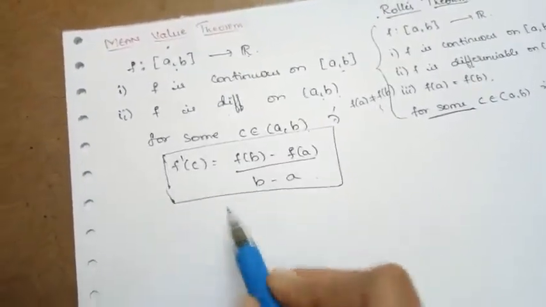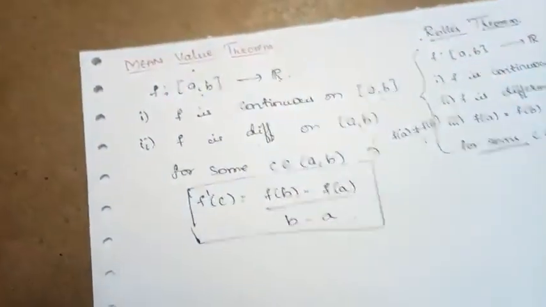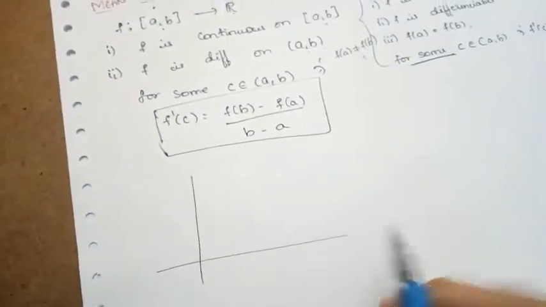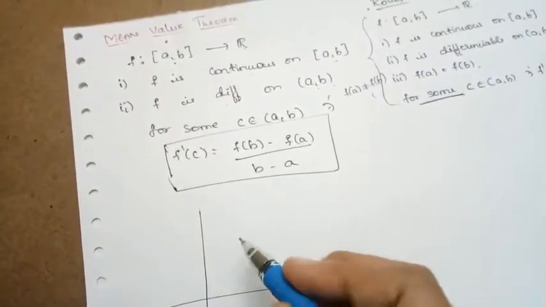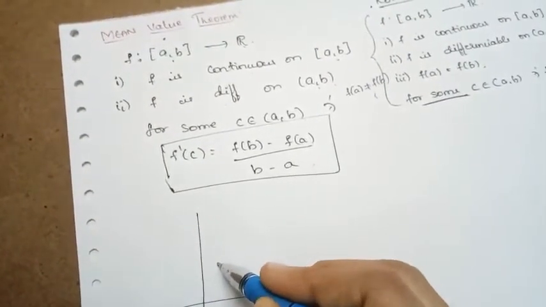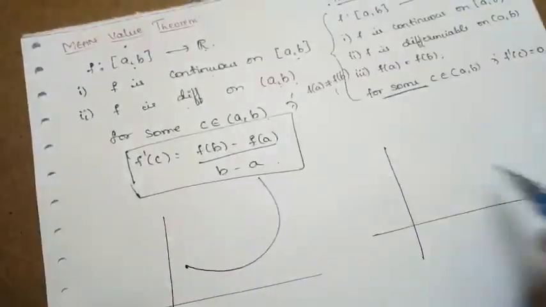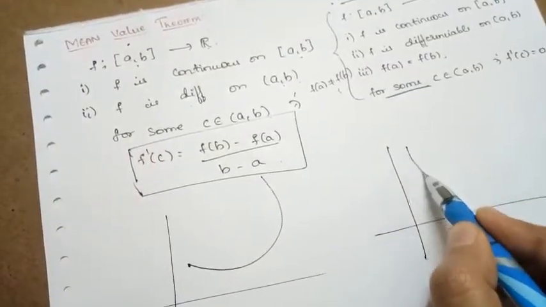So now let us understand this mean value theorem through the graphical interpretation or representation. The graph might be like this, satisfying all the conditions, or it might be like this.